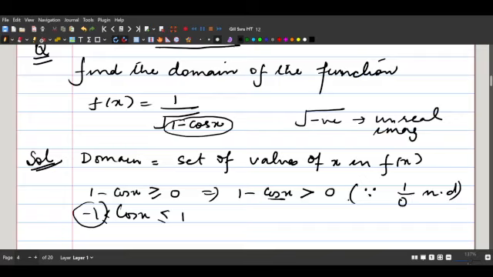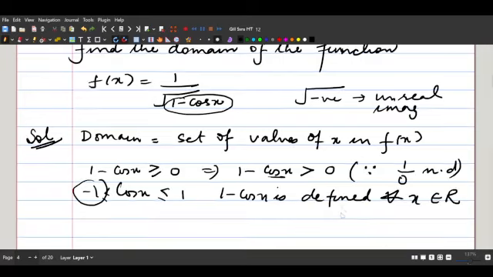positive, right? So it means 1 minus cos x is defined for all x belonging to R, except the values which are making cos x 1. So cos x should not become 1, and we know that whenever the angle is an even multiple of pi, only in that case cos x becomes 1.